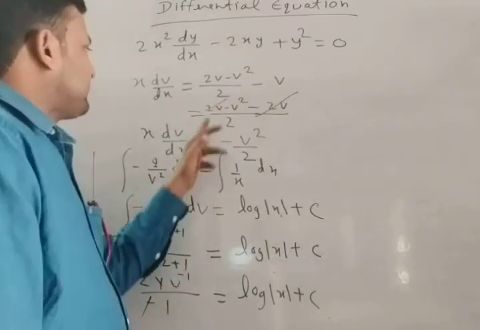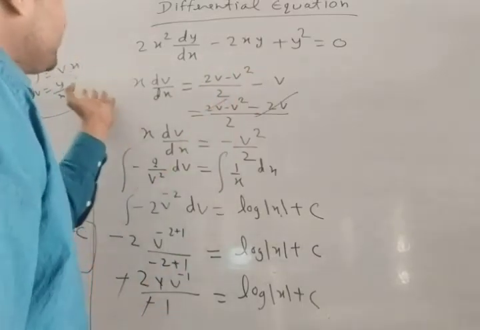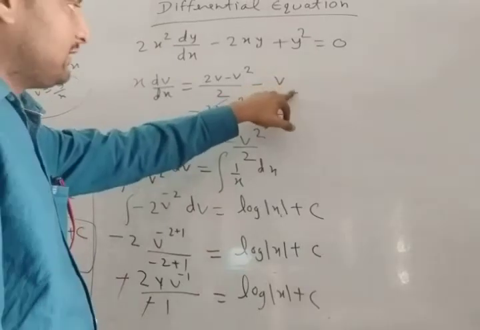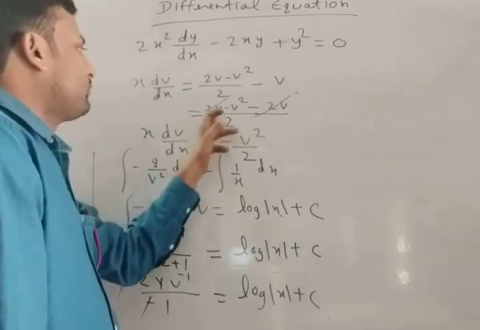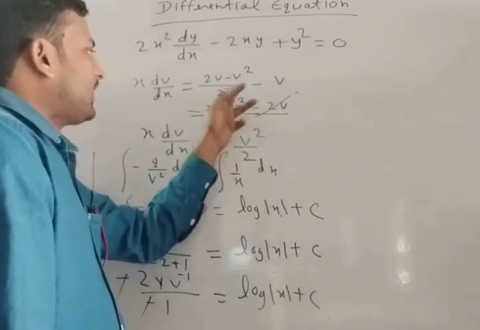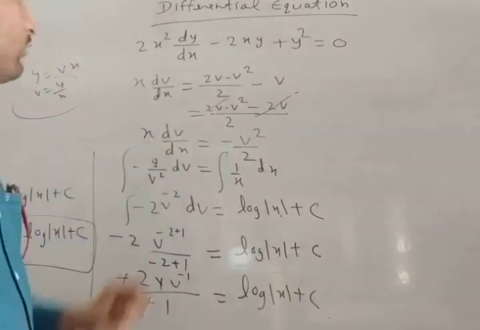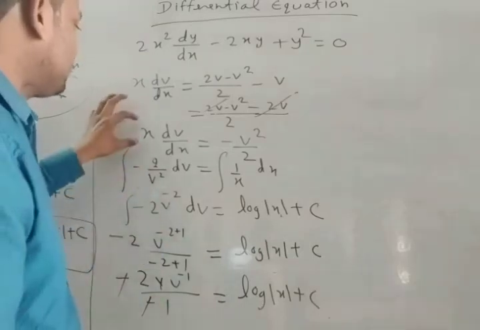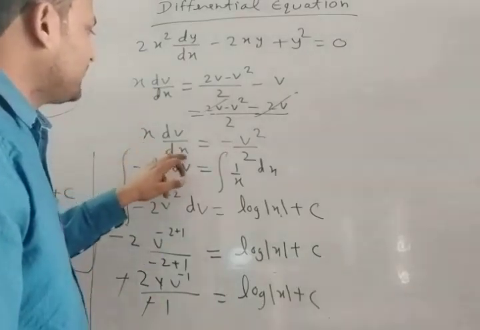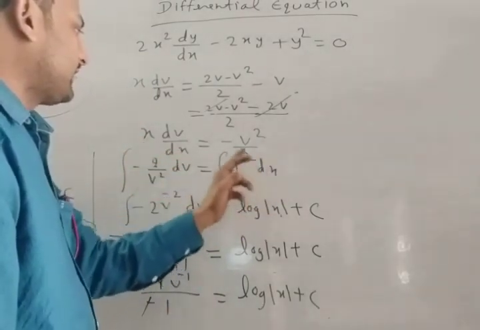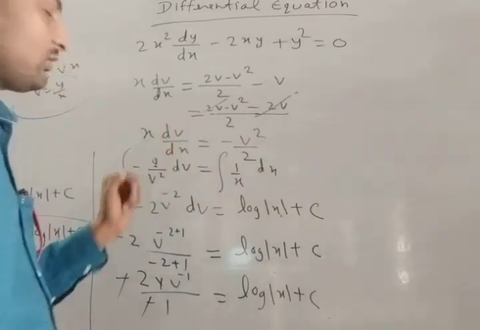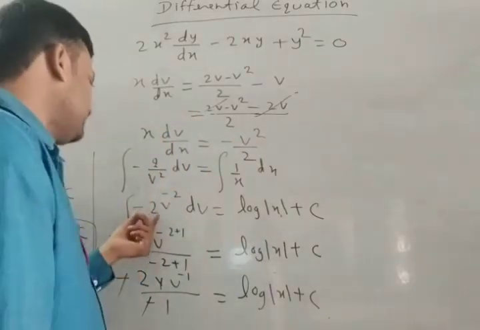Okay, now we send v to the right hand side with a negative sign, and 2v minus v square minus 2v, after taking LCM it will be cancelled. We get this, and now we will separate the variables. We send x and dx to one side and v and dv to the other side, and we integrate this.